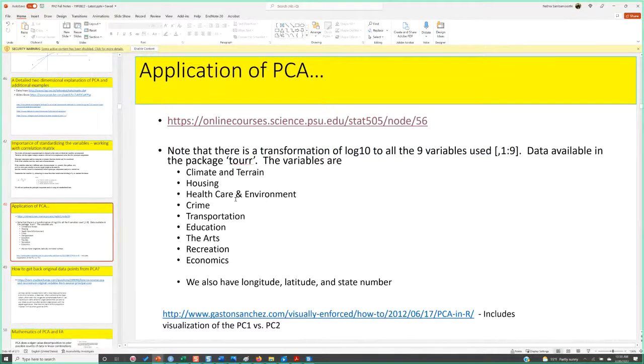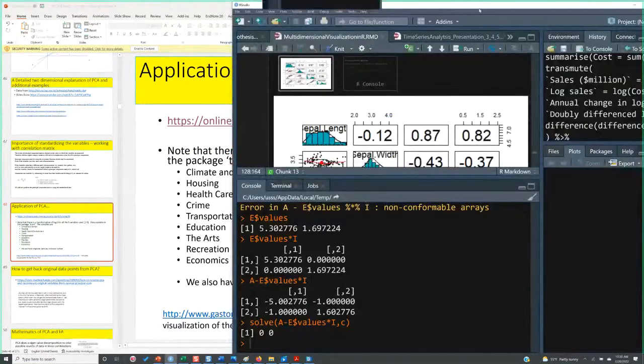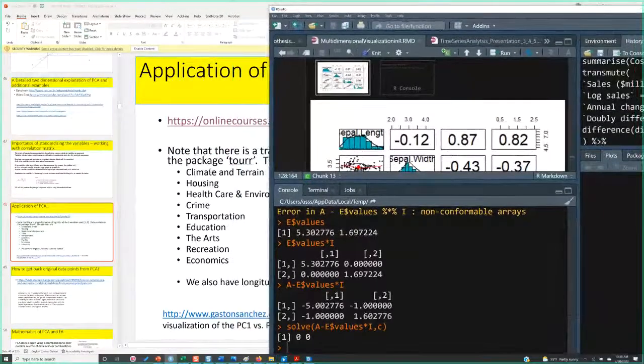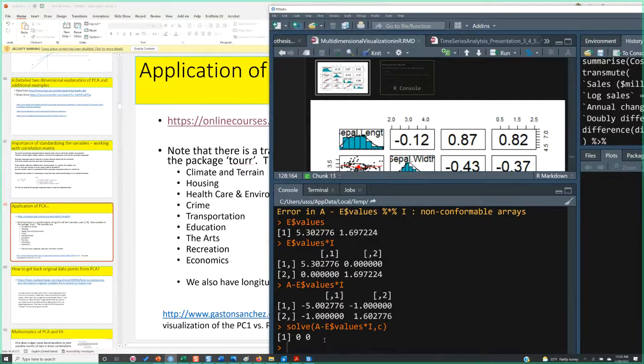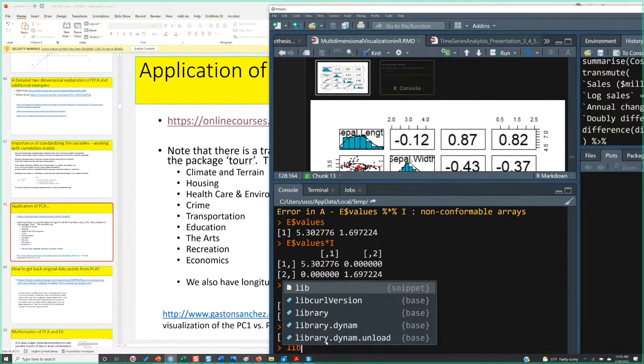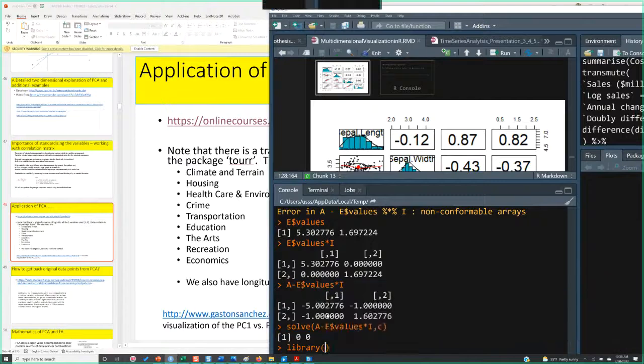This data is about 300 and odd towns in USA, and they are ranked on 1, 2, 3, 4, 5, 6, 7, 8, 9 characteristics. They are ranked for the livability of those towns. Okay, so shall we do that example? Sure. Package, library, maybe, I don't know whether this tool is there or not. Let's see.